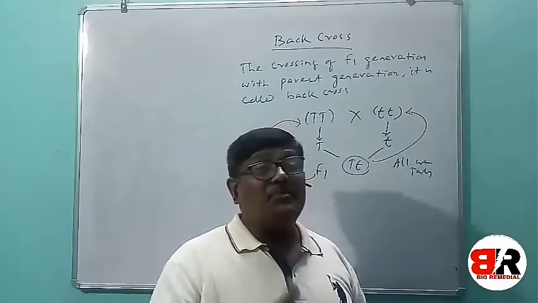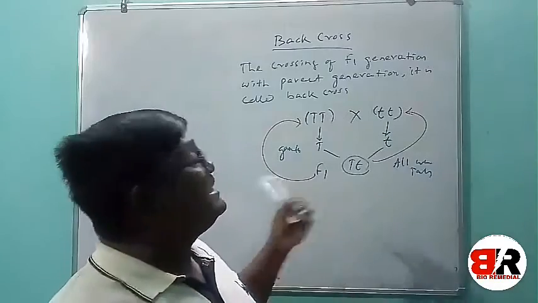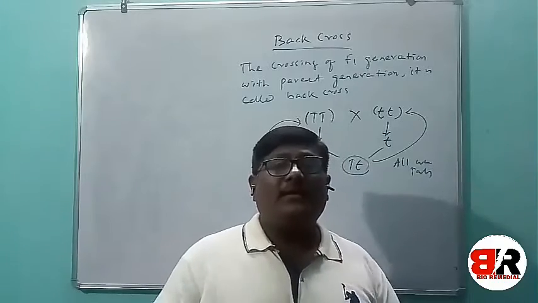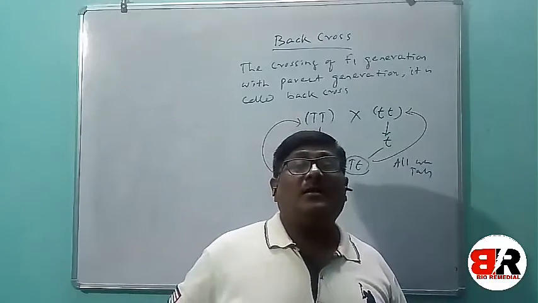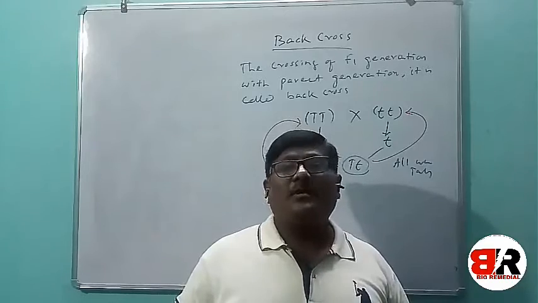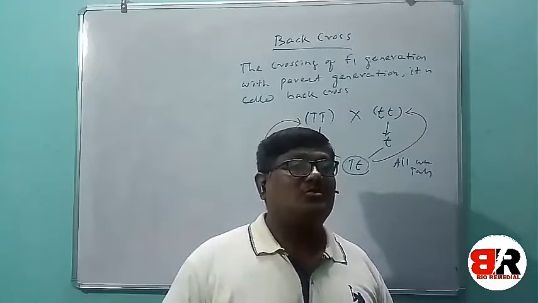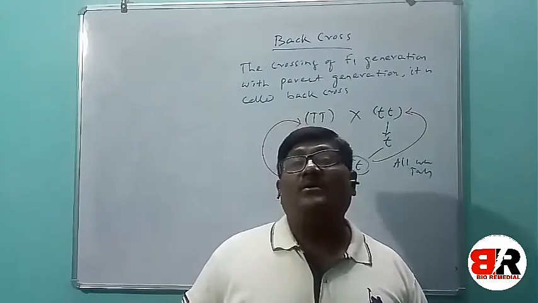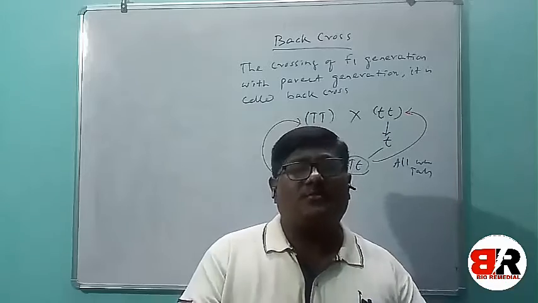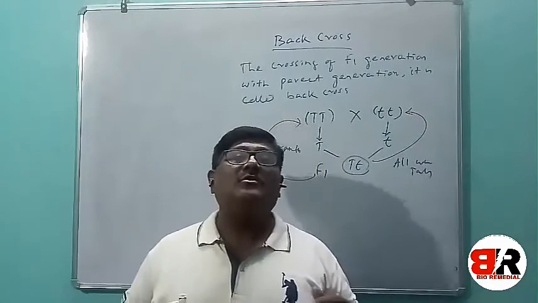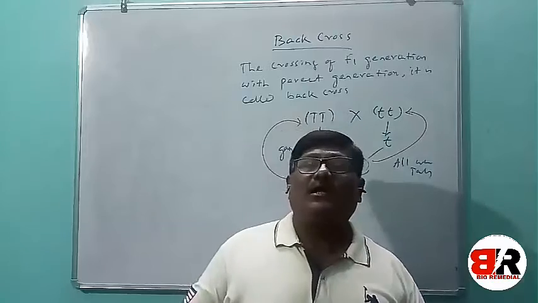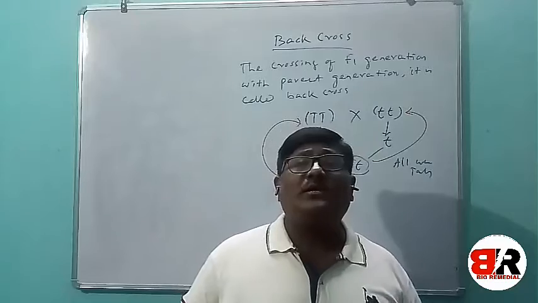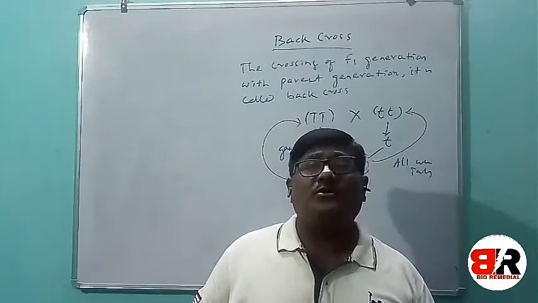But the important cross is test cross. Why is it called test cross? When we want to understand the genotype of an organism, we have to go through this cross. The importance of test cross is that we can find out the genotype of the organism. Suppose a tall organism is given to us, and we have to identify whether it is in homozygous or heterozygous condition.